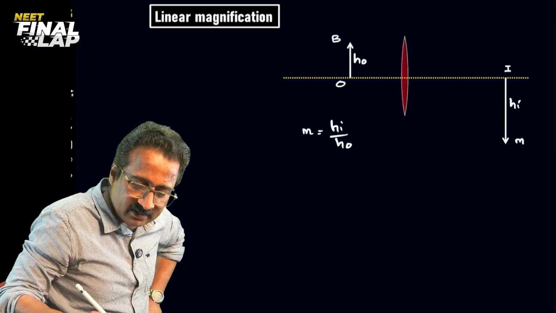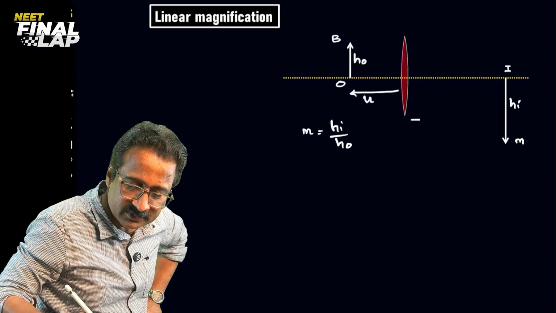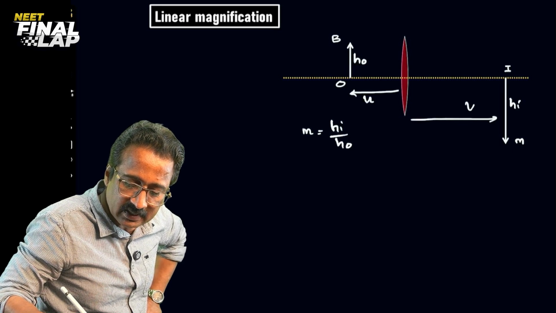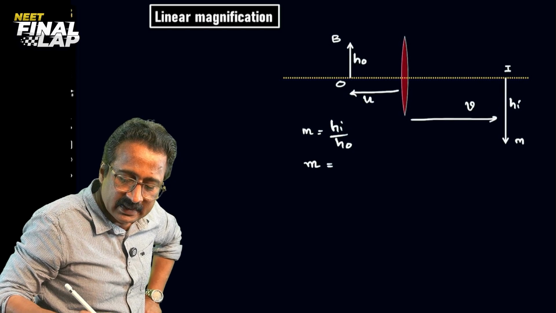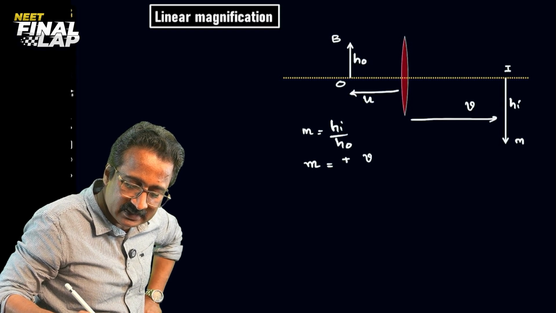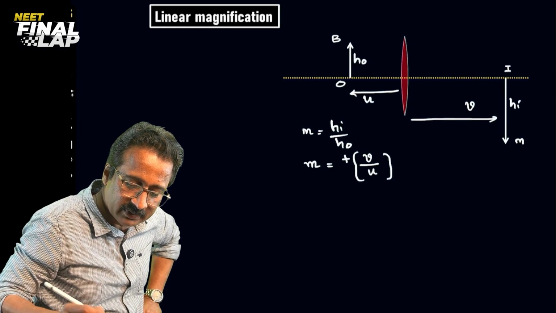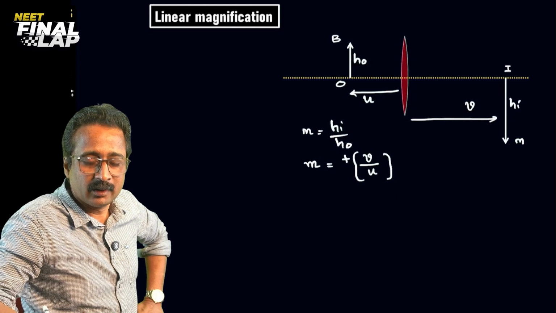But the same magnification also can be described in terms of U and V as well. Again, this linear magnification can be written in terms of V and U. In the case of mirrors, I had given some equation, but this is lens. Remember, in the case of lens, it is plus V by U. Reminding you that in the case of mirrors, it was minus V by U, but for lens, it is plus V by U. Two equations.